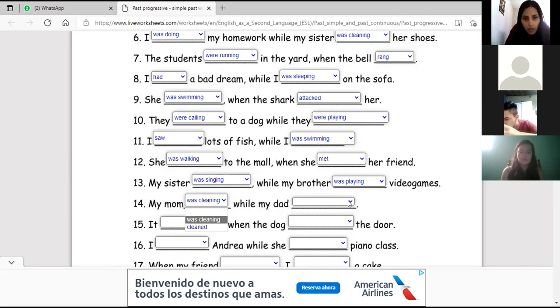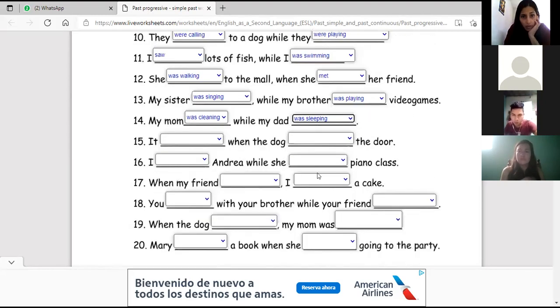Yes, was cleaning while my dad was sleeping. It was raining when the dog. Was it raining? It was raining. It was raining. When the dog, Oh, it was raining. it was When the raining. dog, Yes. yes, When the dog Open opened. the door. the door.